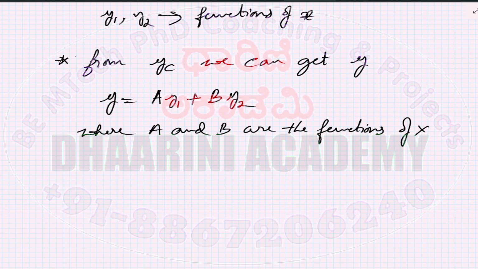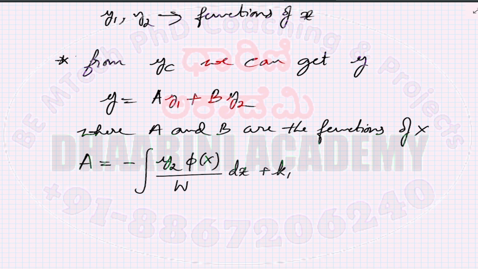So how to find that? We can use the following equation. A is equal to negative integral of y2 into the RHS of the given equation, that is phi of x, divided by W, into dx plus some constant k1, because after integration you are going to get a constant.